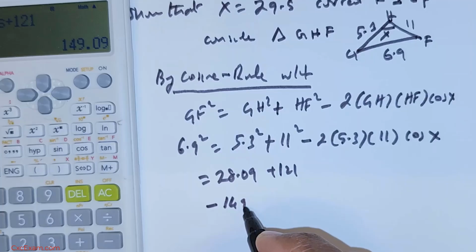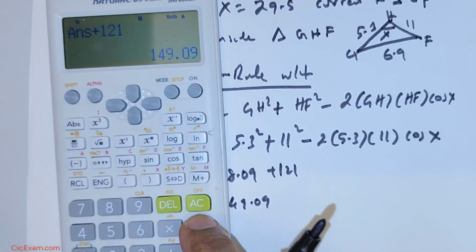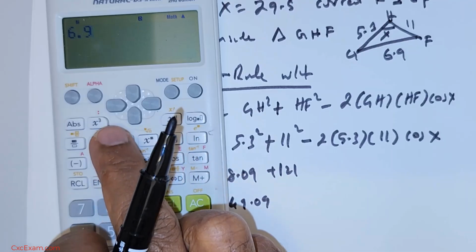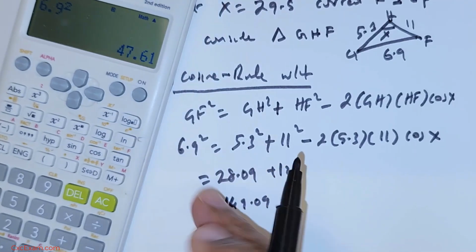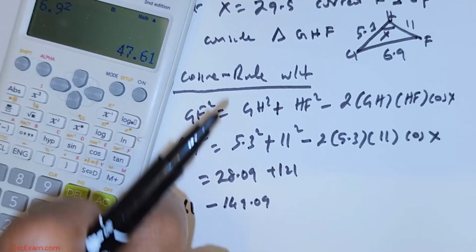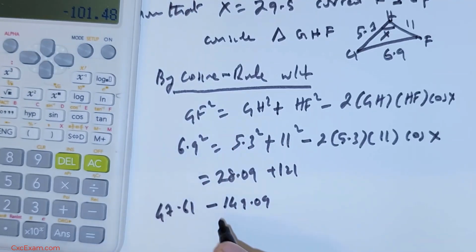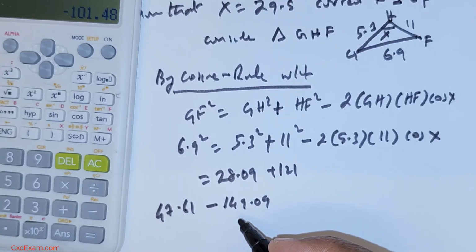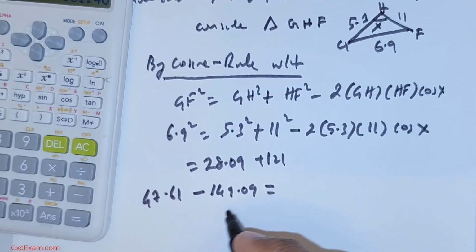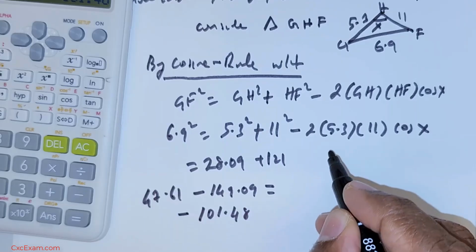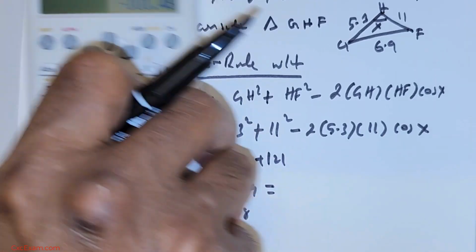So minus 149.09 and 6.9 squared, that is 47.61. So you subtract 149.09, and that is negative. So this step is going to be negative 101.48, and we have to evaluate this step.